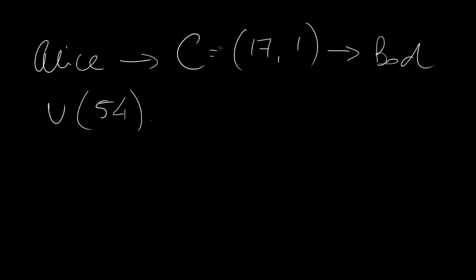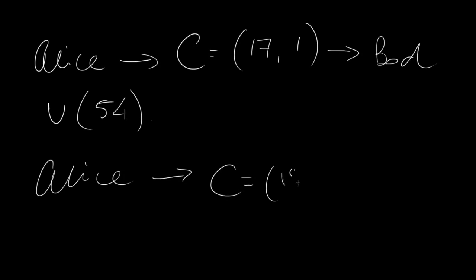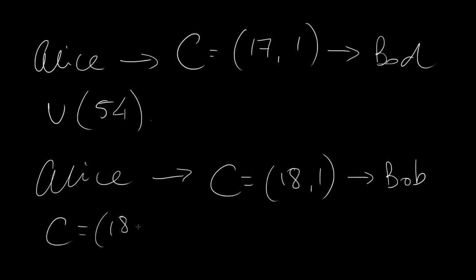Instead of this, Alice will send c equal 18 and 1 to Bob. 18 is not in U54 because they share a factor 2, obviously. So Bob knows that c equals 18 minus 1, which is 17 and 1, and will start decrypting using this tuple.